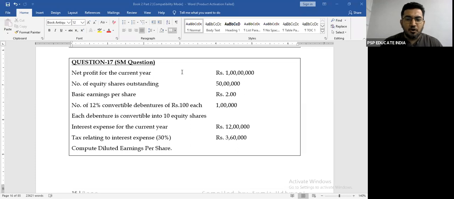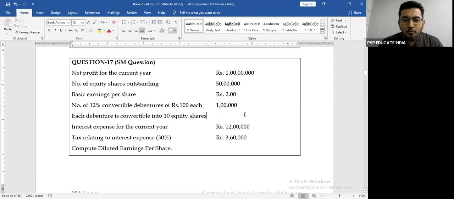Now first you all tell me, this number of shares, is this number of debentures or the value of debentures? Quickly on the chat box. Number, okay.